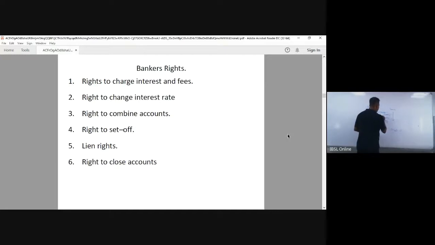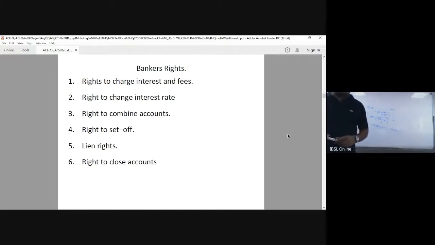Under the lien right, the bank can hold these goods as security for the second loan also, until the customer settles the total due to the bank. That is called the banker's right to lien, or lien rights. Clear?